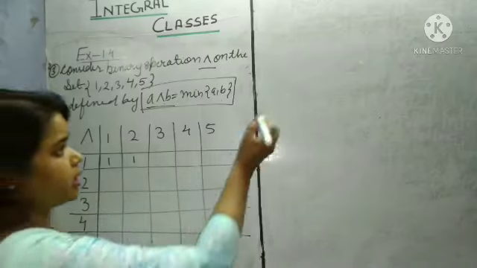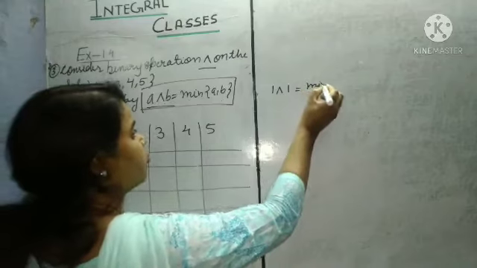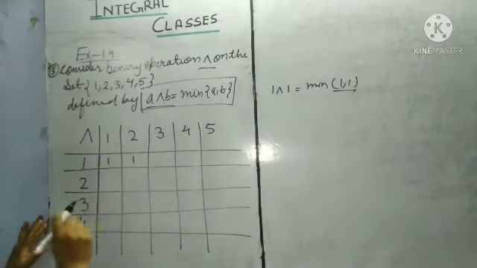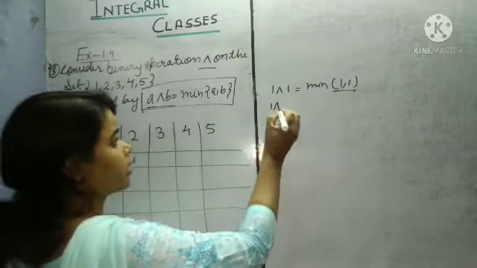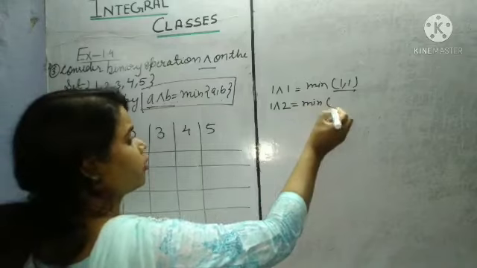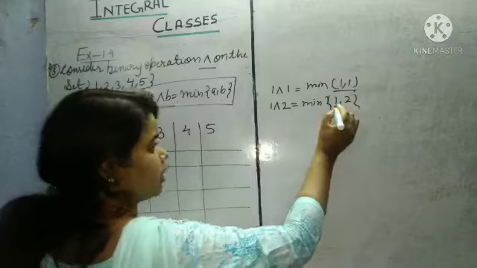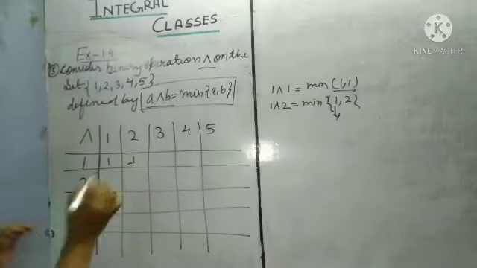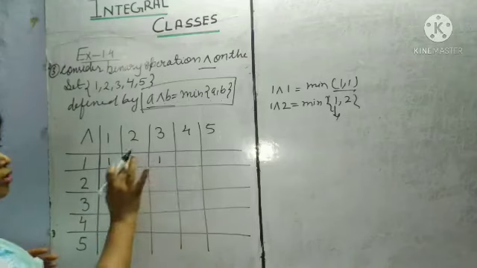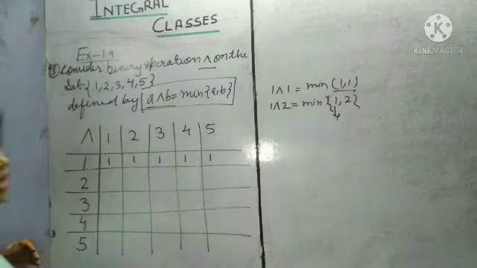Now I will explain here. 1 cap 1, minimum of 1, so as we observe here, 1 is minimum. Now second, 1 cap 2, minimum of 1 and 2. Which number is minimum? 1 is minimum. So we should write here 1. Similarly, 1 cap 3, 1 is minimum. 1 cap 4, 1 is minimum. And 1 cap 5, 1 is minimum.